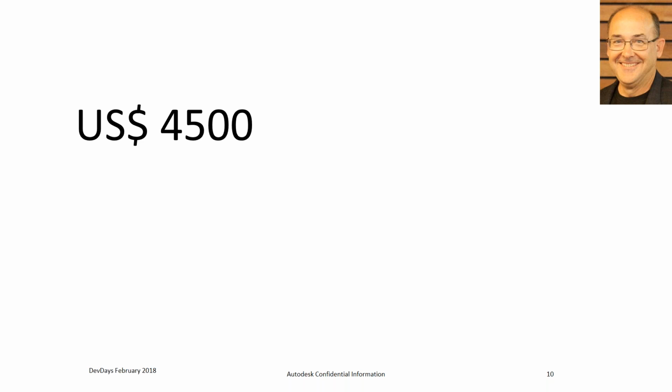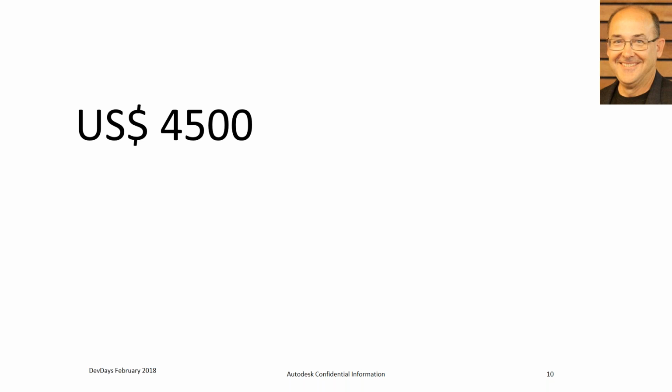And it comes down to, pre-subscription, it wouldn't be unusual for a single seat of a desktop Autodesk product to cost maybe $4,500 for a perpetual license. And then you'd be paying another $500, $600, $700, $800 a year for maintenance.